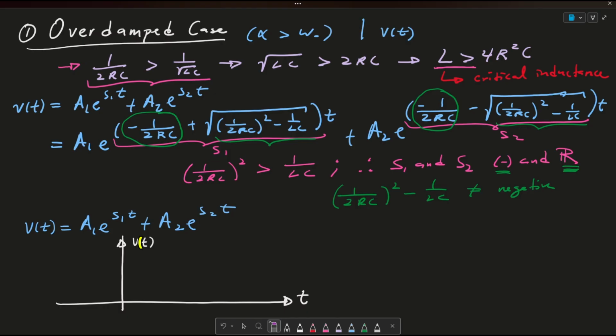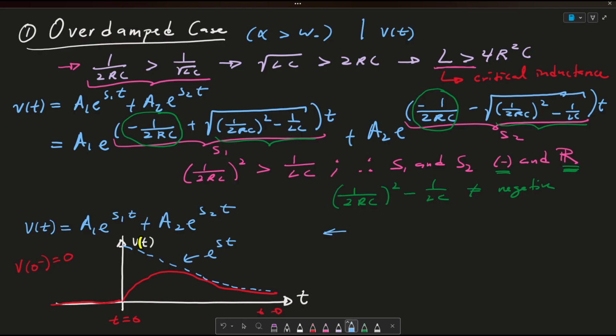And if we consider that the initial voltage across my capacitor, v of 0 minus, is equal to 0, that means there's no voltage across my capacitor until t is equal to 0. And as soon as you disconnect that source, the voltage is going to shoot up and then eventually die down due to that resistor as t goes to infinity. And what we can say is that the function as it dies down is this e to the st function.